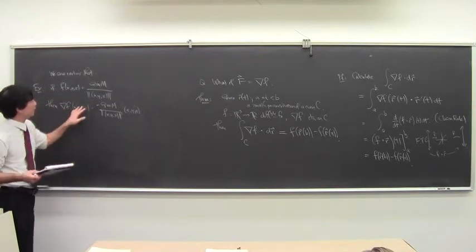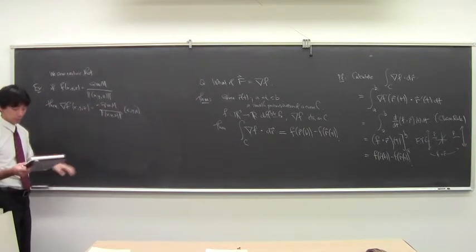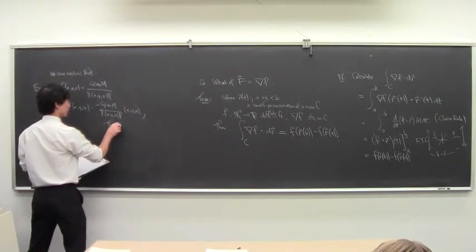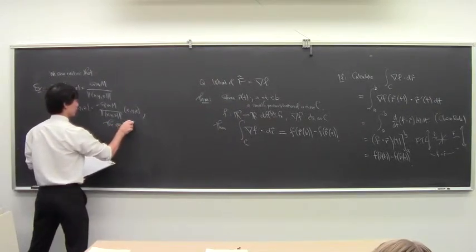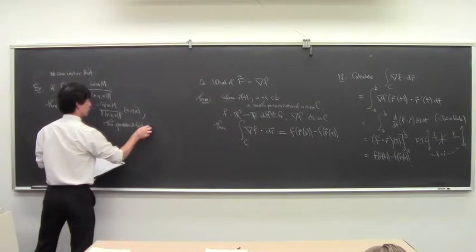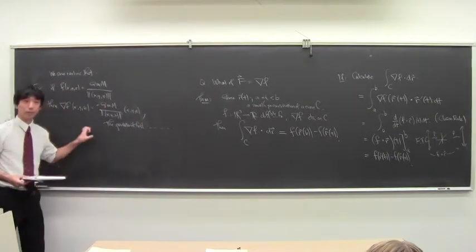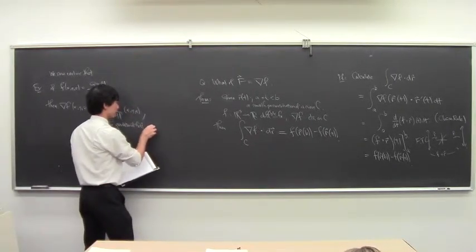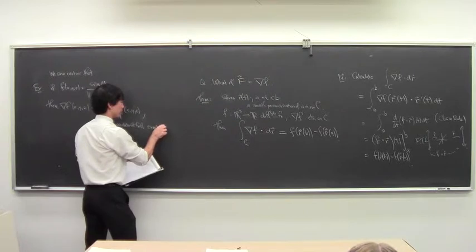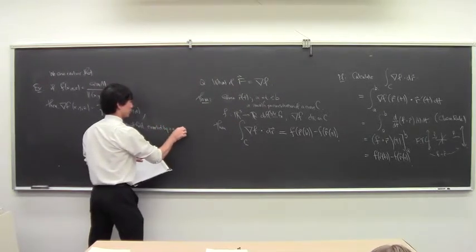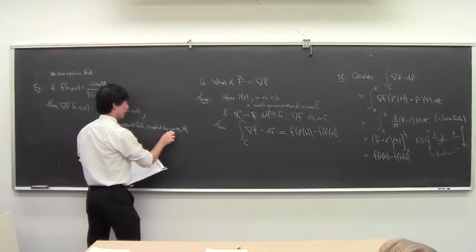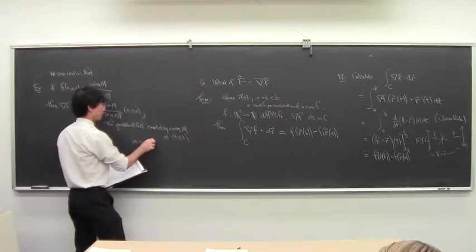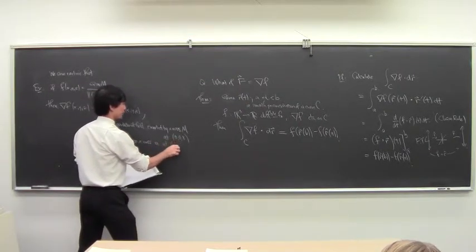If you take f being this, then the gradient is going to be the gravitational field exerted by a mass M at the origin on a mass little m at x, y, z.